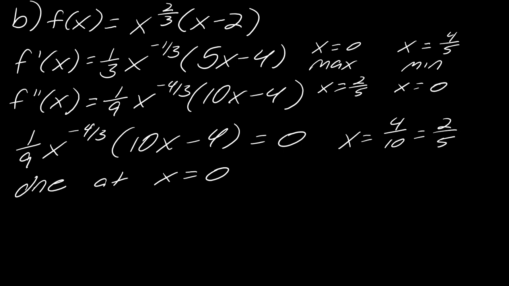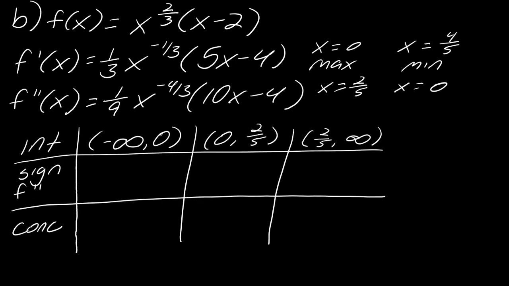So let me make some space and a table. I've got all my intervals here. If I think about any negative point and plug it into f double prime, what sign am I going to have? This will end up being something negative times something else that's negative, so this becomes a positive. Negative times a negative makes a positive.